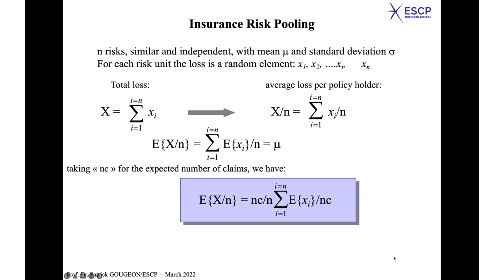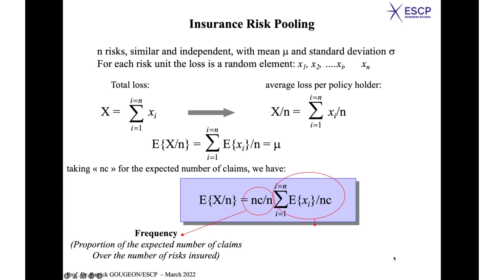So I will rewrite the expected average loss by introducing NC. You see, I multiply by NC in the first place, and I divide by NC also the other part. Why adding this complexity? Just to introduce two concepts which insurers are using. The concept of frequency.